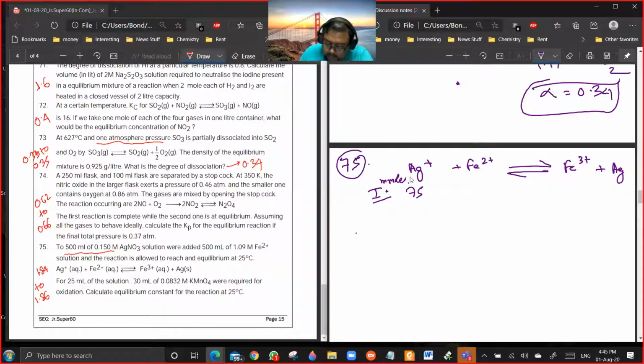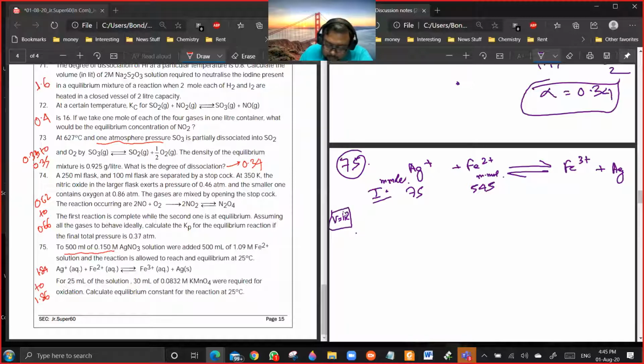And to this, you are adding 500 ml of 1.09 molar Fe2 plus. So it will be 545 millimoles of Fe2 plus. Now, when you have added these two, the volume has become 1 liter.